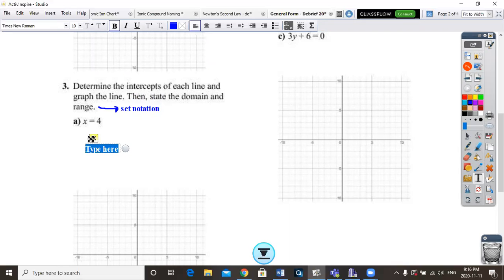Okay. So x equals 4. Well, if x equals 4, the x-intercept is going to be 4, 0. We are going to take the c value and divide it by 1, so it's 4, 0. And as you expect, this is a vertical line, so there'd be no y-intercept.